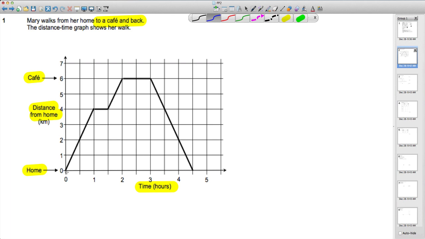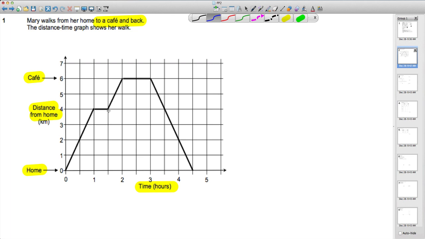Between time 0 and 1 hour, she walks 4 kilometers from her home, and the graph is a straight line here, so that means that she's walking at a steady speed. Then between 1 o'clock and 1:30 she stops and takes a break because her distance is not changing over that time.